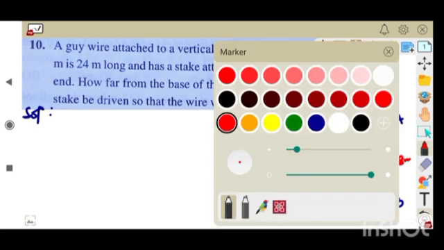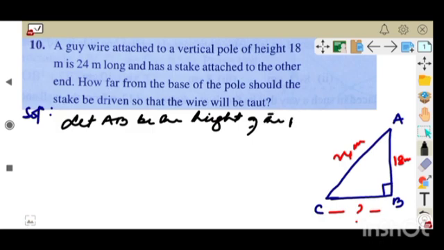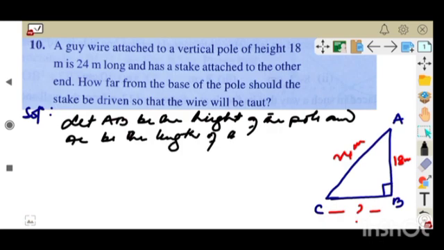First let me write, let AB be the height of the pole, and AC be the length of the wire.